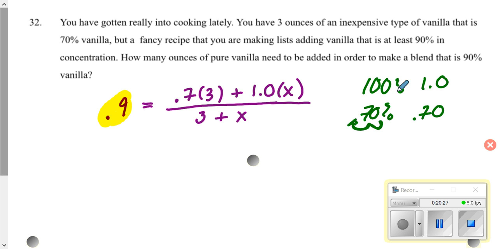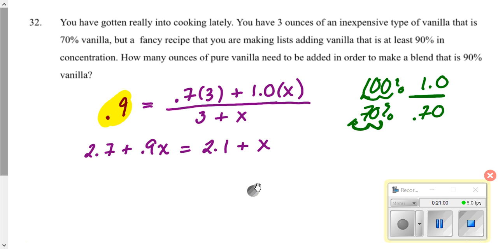So here, if I move it over 2 places, oh, I see. So it's the same rule, it just looks weird to me. Okay, so 3 ounces at 70%, and X ounces at 100%. That's going to be how much vanilla I have out of, and this is how much fluid I have. I have 3 ounces plus X more ounces. So this is the part that's vanilla over the total amount of fluid.